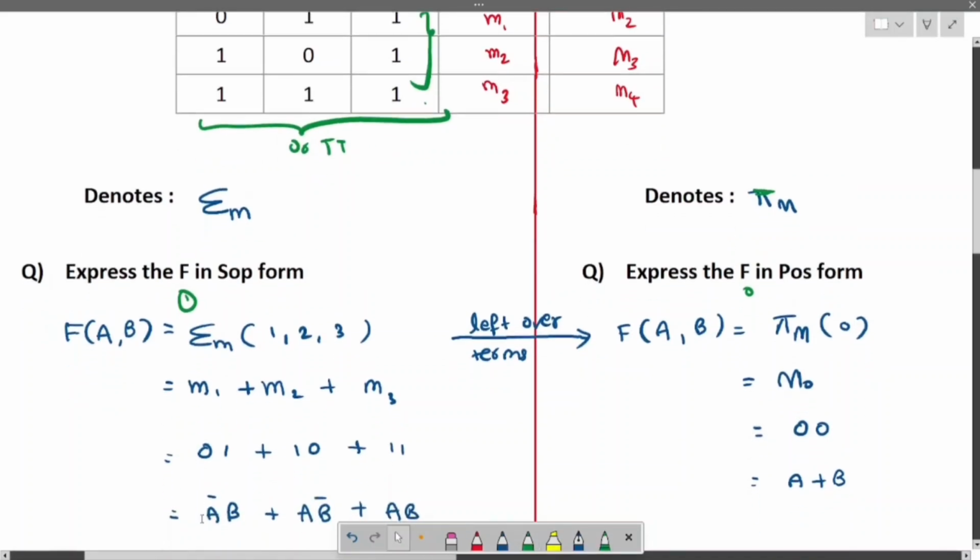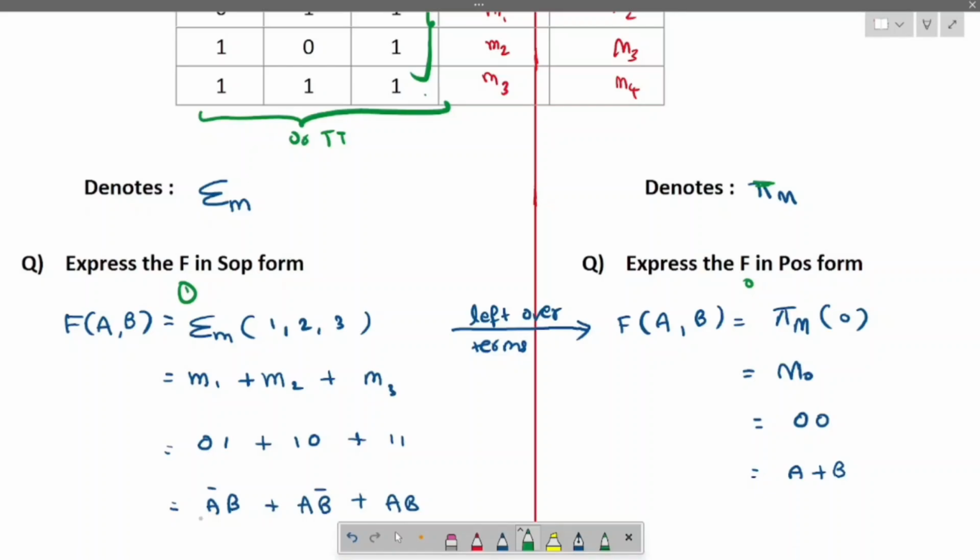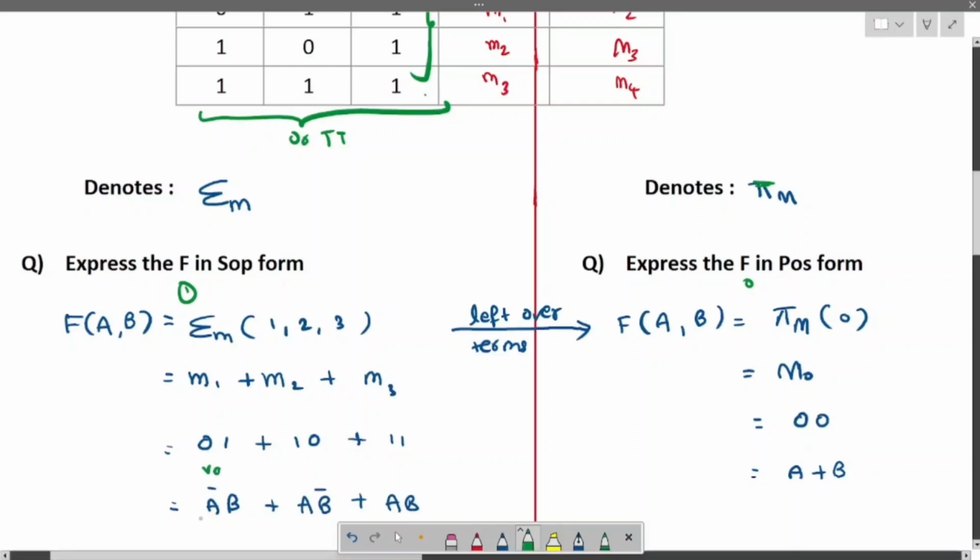Now convert into the variable format: wherever we get 0 we keep it as bar, so A bar B plus A B bar plus A B.